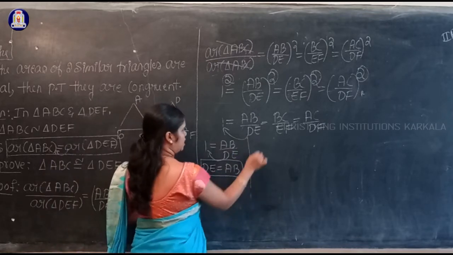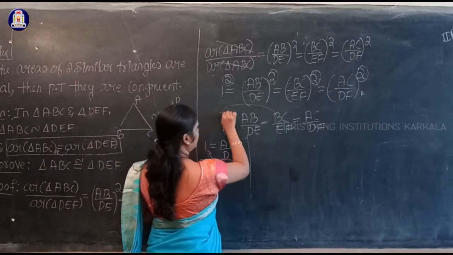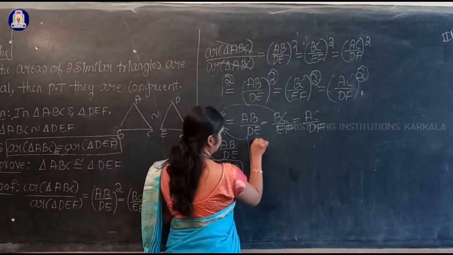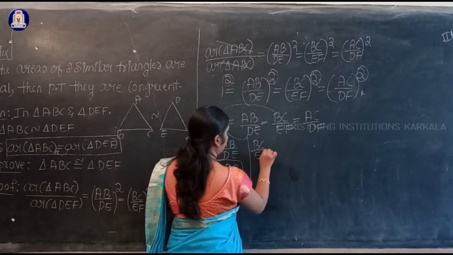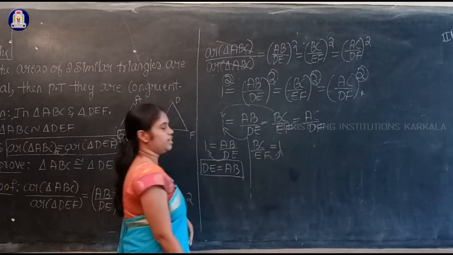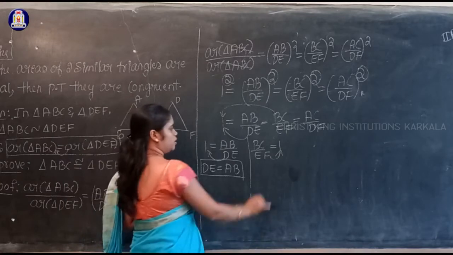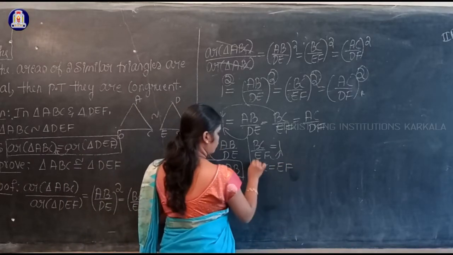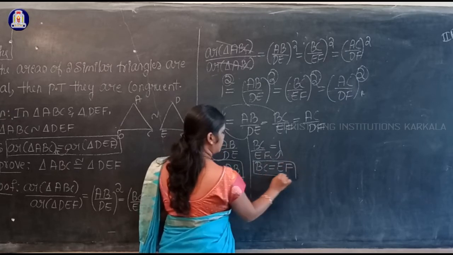So once again now equate BC by EF to 1. Yes, so BC by EF equal to 1. So multiply this EF with 1. So then you will get BC equal to EF. So this is another result I will get.